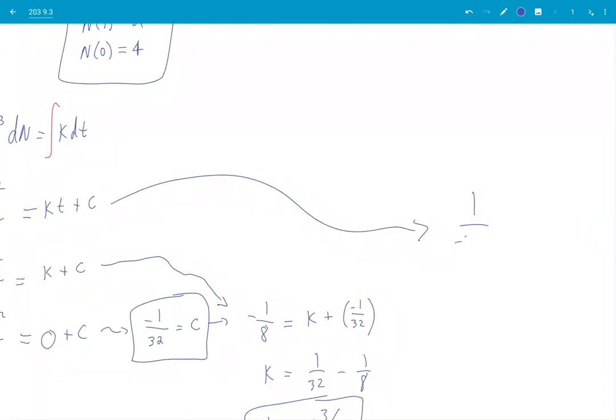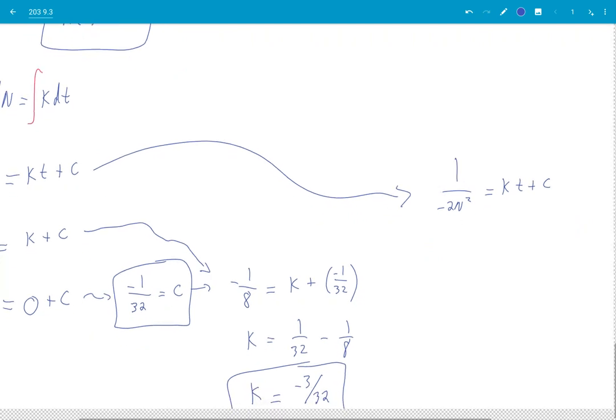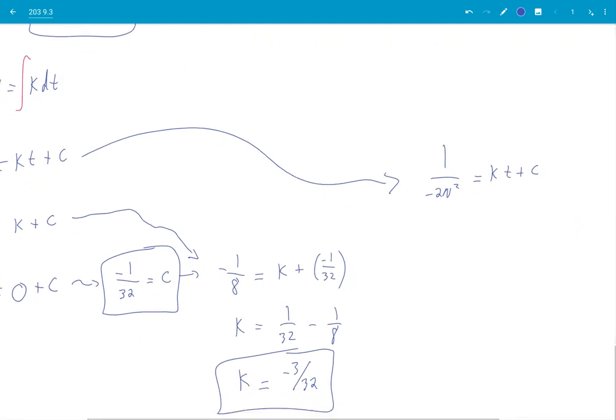So what do I got here? I got 1 over negative 2n squared is equal to kt plus c. I'm going to use my k and my c right now.